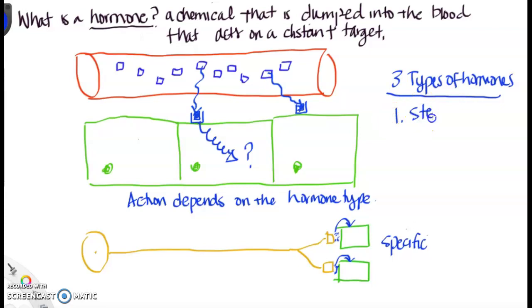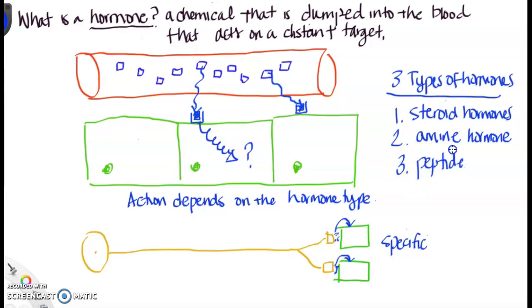There are steroid hormones. There are amine hormones, amino acid hormones, and there are peptide hormones. And again, their action depends on their type.